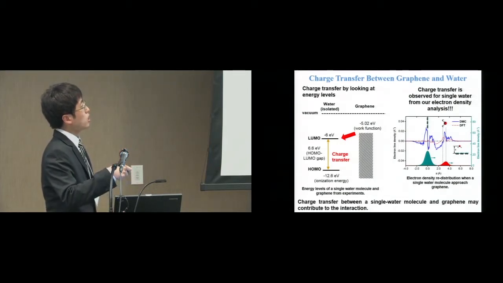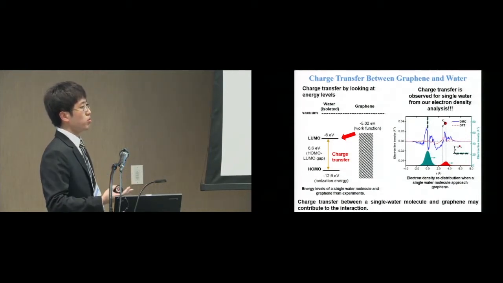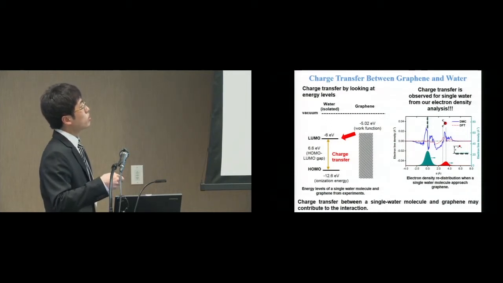Before we do that, we get these energy levels of water and graphene, and these values are from experiments. One interesting thing is that there is one empty water orbital sitting just beside the Fermi level of graphene, and a little bit lower in energy.